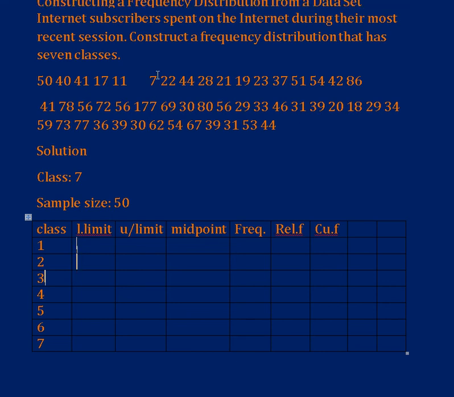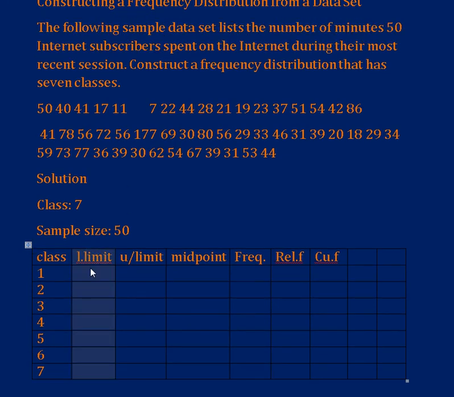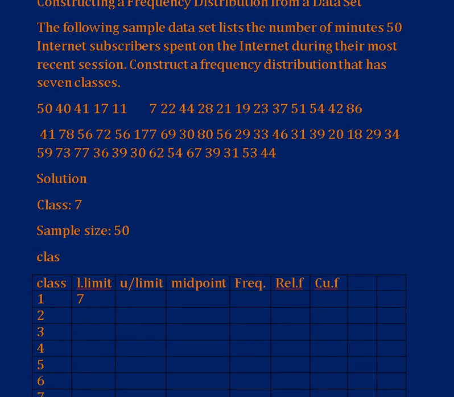And the lower limit, we'll begin by counting the lower limit from here, which says 7. That's the lowest number you could find here. But the next lower limit, you cannot know unless you define something called class width. To get the class width, you have to know the range, the maximum number minus the minimum number.